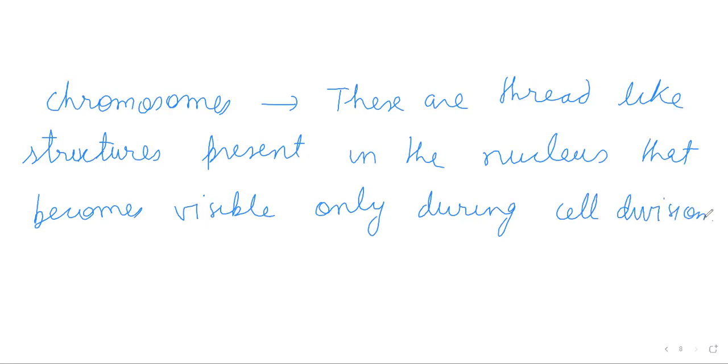Once the cell gets divided, you can see chromosomes. They contain the hereditary information in the form of genes.